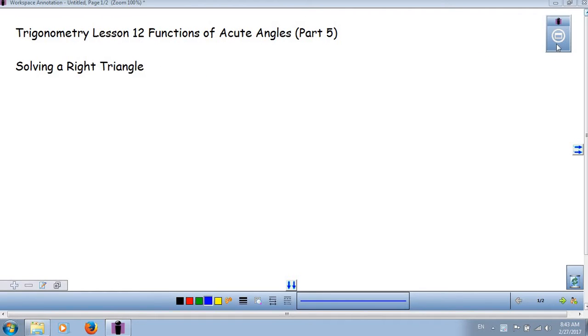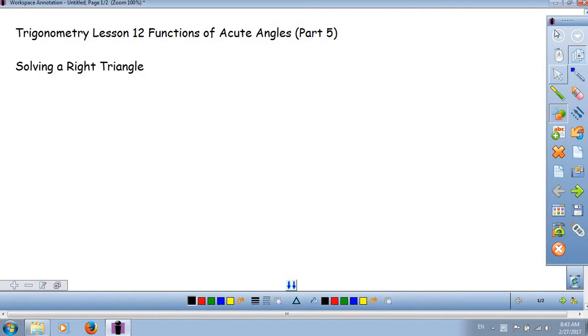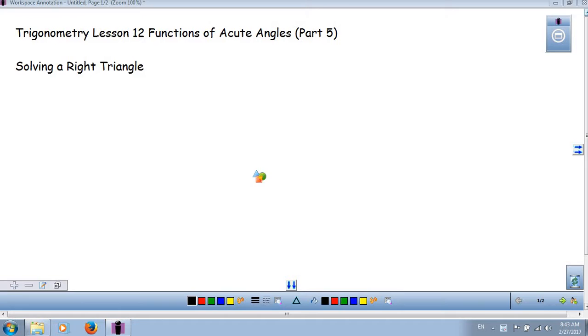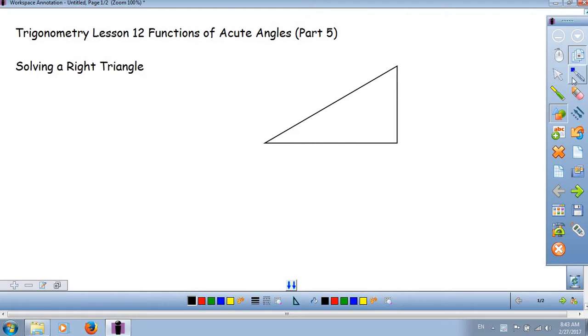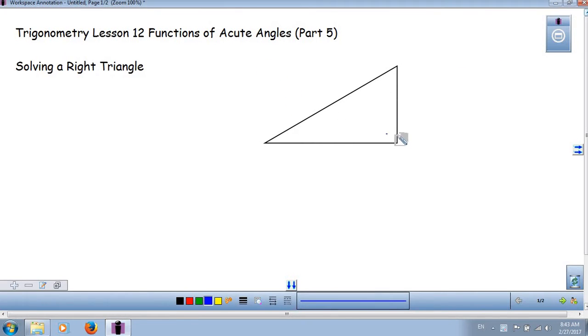Now, one of the major things we can use what we have learned so far for is to solve a right triangle. Now, what do I mean by solving a right triangle? So let me go ahead and draw a right triangle here for you guys, just in case. Let's say we have a right triangle here, and of course, if they tell us it's a right triangle, there must be a right angle.